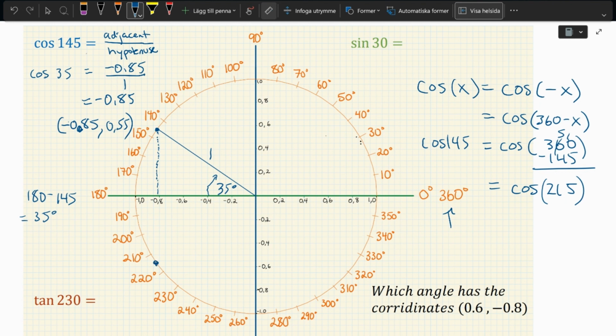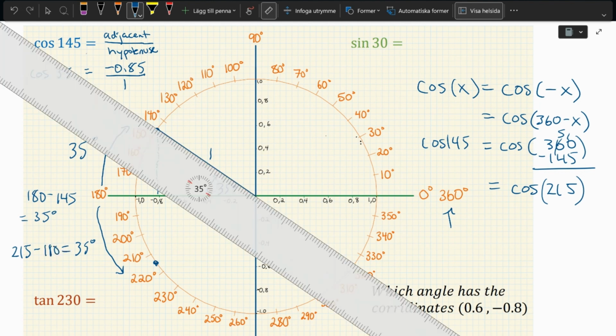What you should notice is that the angle between 180 and 145 was 35 degrees. And maybe you see the relationship now: the angle between these two will also be 35 degrees, because 215 minus 180 will give you 35.